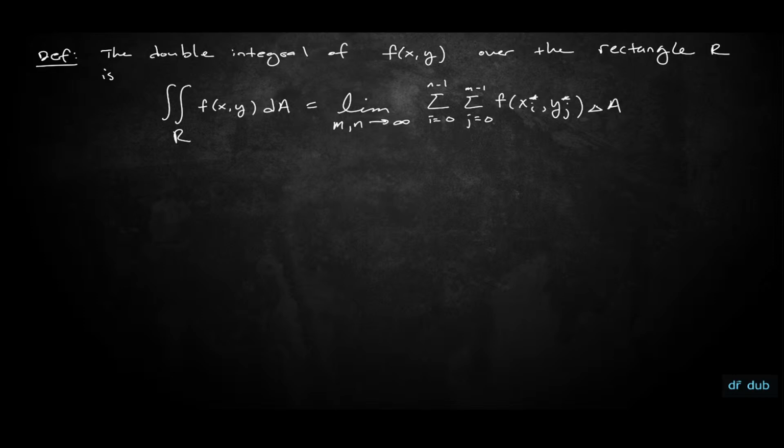So that's what we mean by a double integral. It's the limit of this double sum, basically a bunch of rectangular prism volumes added together. What's the limiting volume that you get? Then that is the volume under the surface.